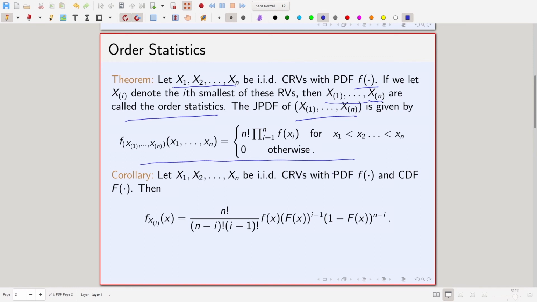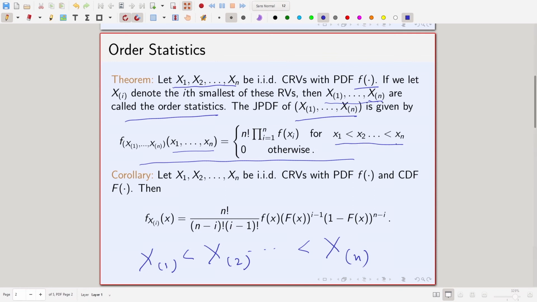Remember, you are looking at order statistics. Here x1, x2, xn are the values of these variables. Obviously x bracket 1 is less than x bracket 2 and so on, which is less than x bracket n. So these values should also respect that ordering.